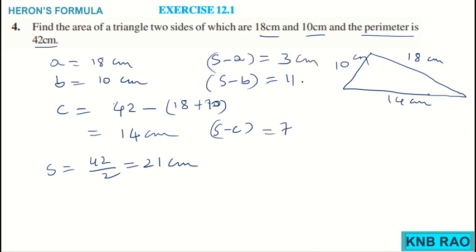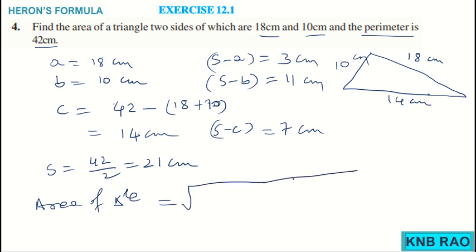So I know these values. So area of triangle by Heron's formula, by substituting the values, root under 21 into 3 into 11 into 7.